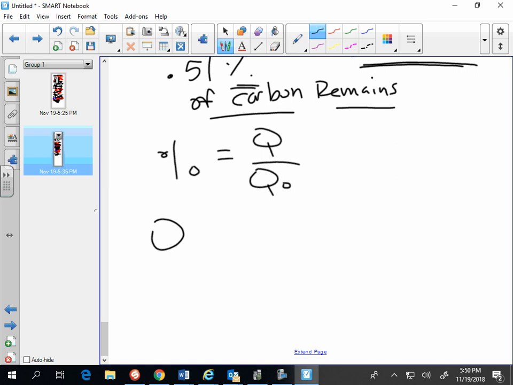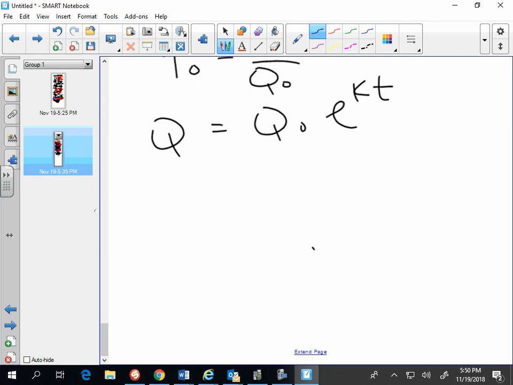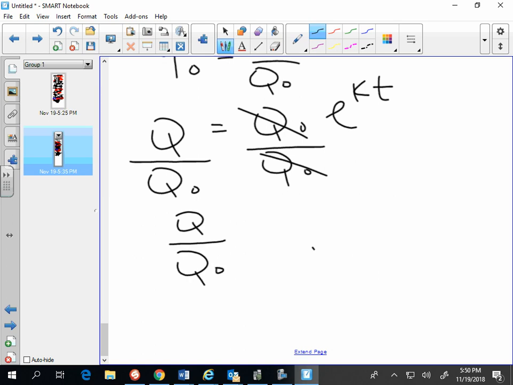So if I start off with Q equals Q sub O e to the kt, and I divide both sides by Q sub O, I end up with Q over Q sub O equals e to the kt. Now notice over here, we have Q over Q sub O, and that's what we said percent was.